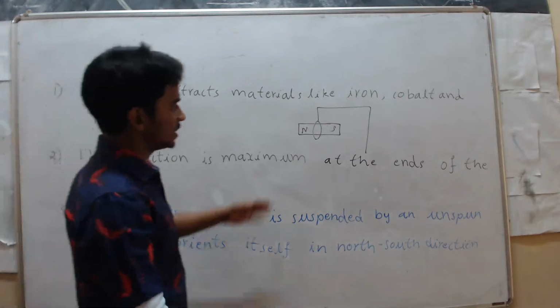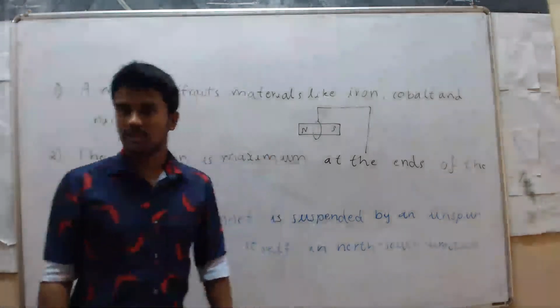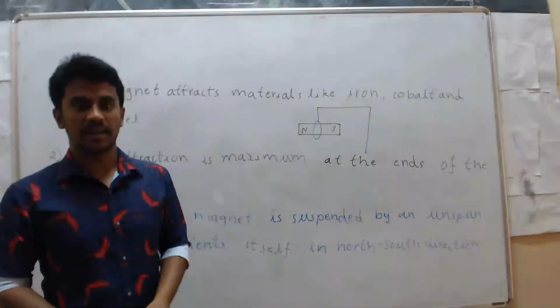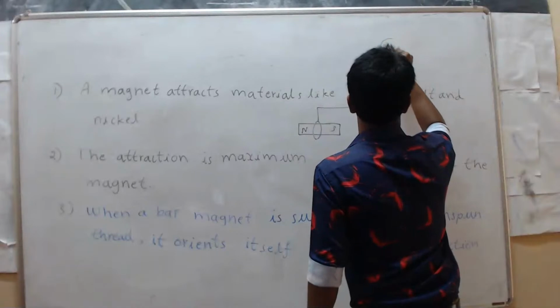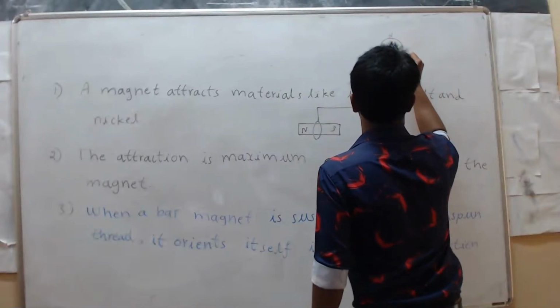Why does it stand like that? Because the Earth also behaves like a magnet. Around the Earth, there are field lines. This is the North Pole and the South Pole.